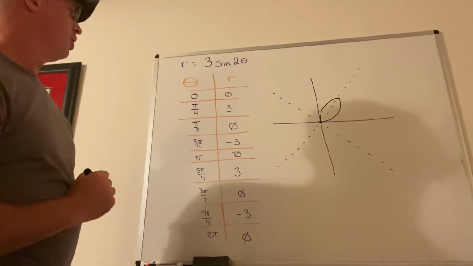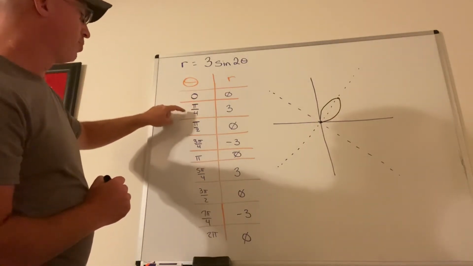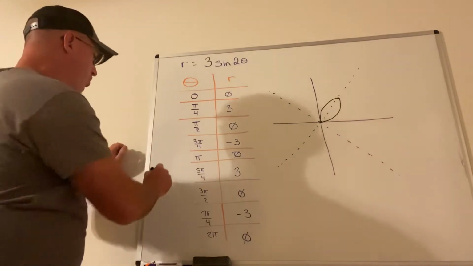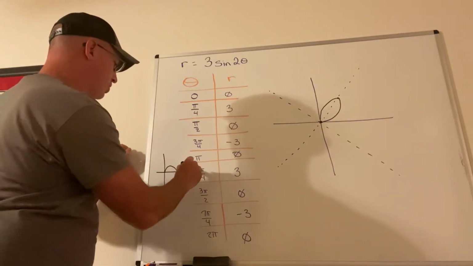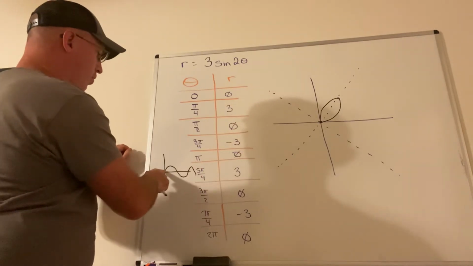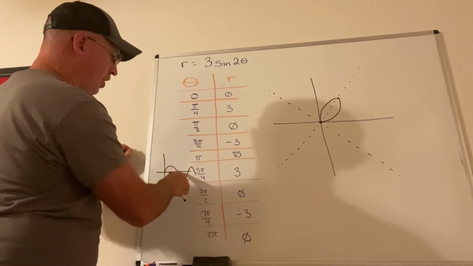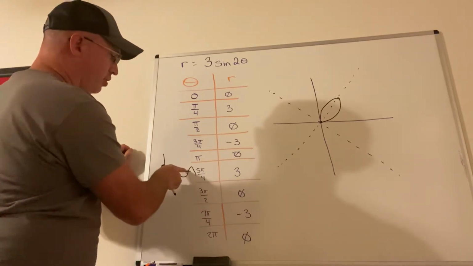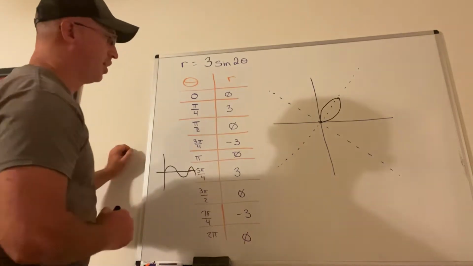Now, notice here, that was 0, that was a positive 3, that was 0. I want you to think about it like this: 0 and a bunch of positive values, and then at that 0, you have a bunch of negative values, and then at that 0, it goes back to positive. At this 0 over here, it goes back to negative.